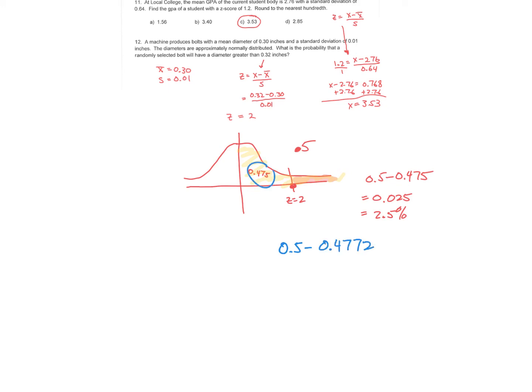That would be this area, 0.4772. And so then that would have an answer of 0.0228, or 2.3% rounded.